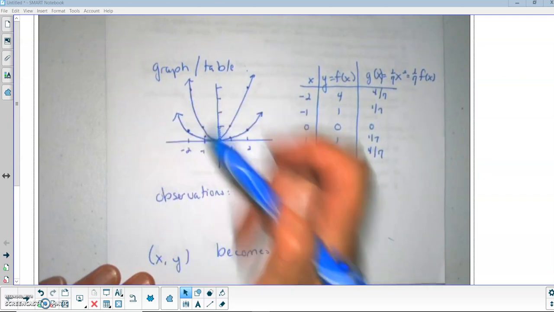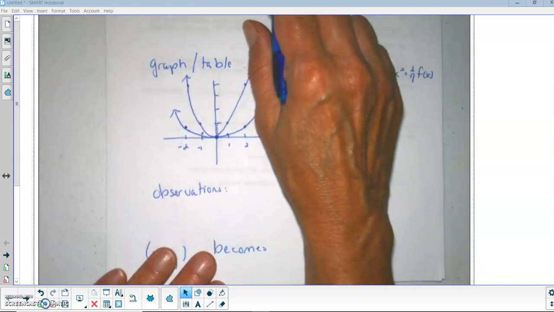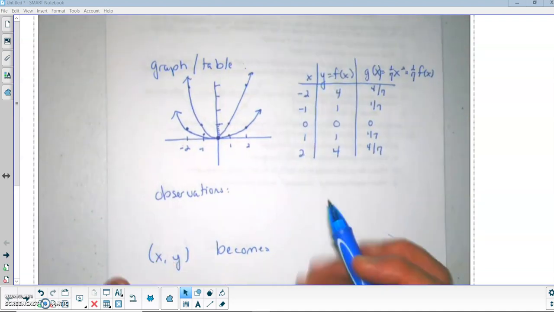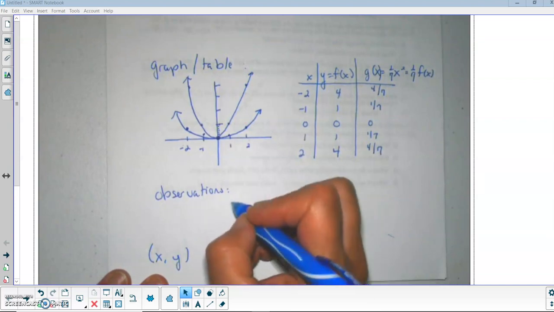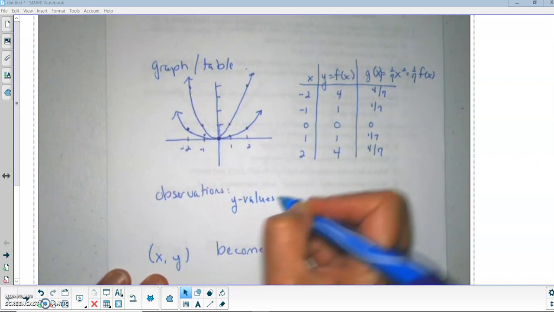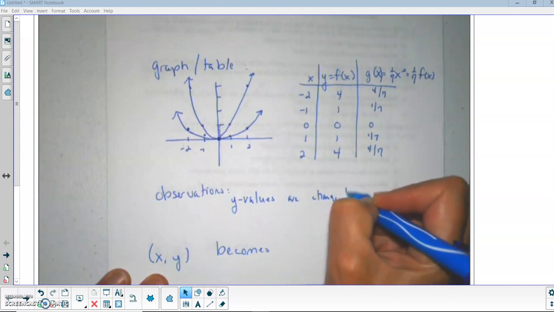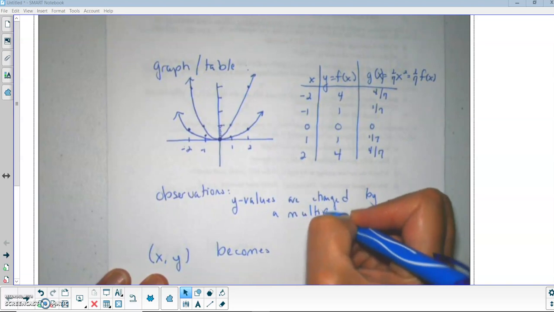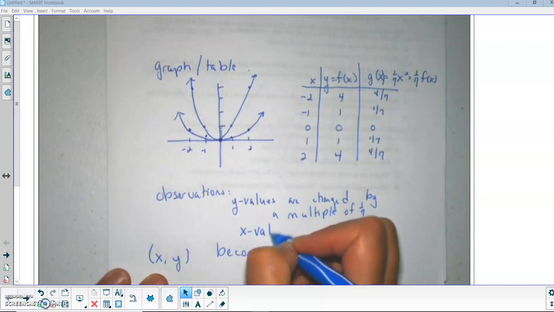Again, it looks like a horizontal stretch, but because the number is attached to the function operator, meaning it's outside or after the fact, we describe it as a vertical compression instead of a horizontal stretch. So y values are changed by a multiple of 1/7, and the x values remain the same.